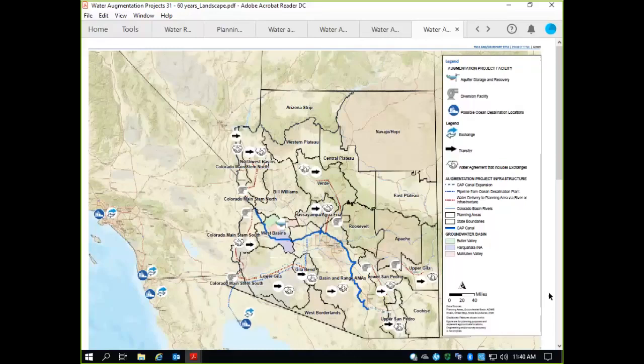In addition to these desalination locations we have shown, if there were transfers or agreements made, let's say for land fallowing in Yuma to do something, you could do that, which is an entirely separate kind of project, and get the water to the CAP canal and then get it up into each of those planning areas.